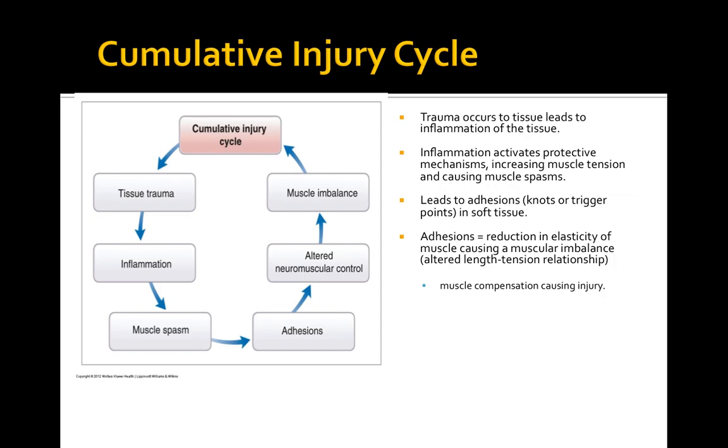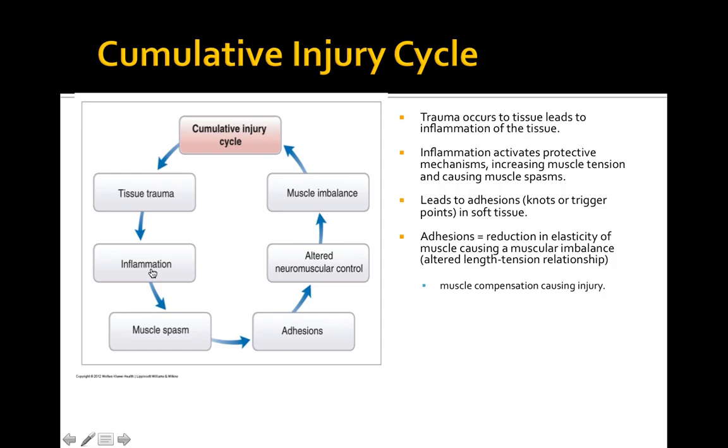So the cumulative injury cycle is simply this. There's, let's just say, blunt force trauma to your leg. Trauma occurs to the tissue, which will lead to inflammation of the tissue. This inflammation is the body's response to the damage. This is a form of an active response to what has occurred.